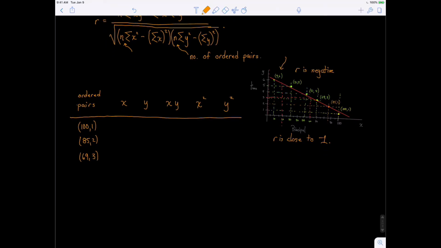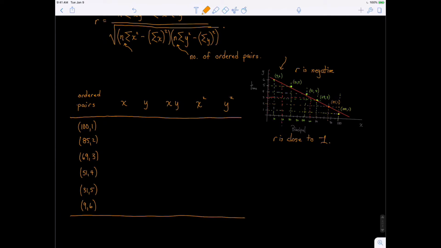Our next one is 51, comma 4. Then our next one is 31, comma 5. And our last one is 9, comma 6. So that's our table. We're going to fill it in together here.